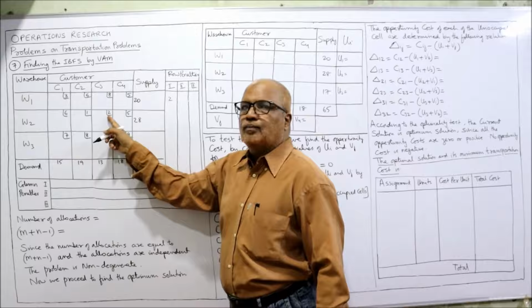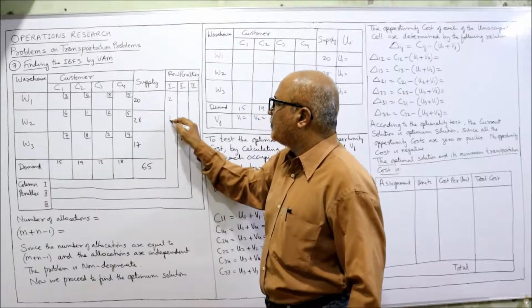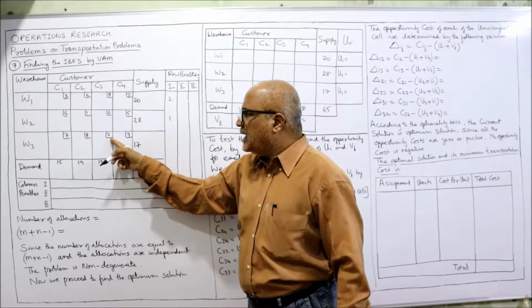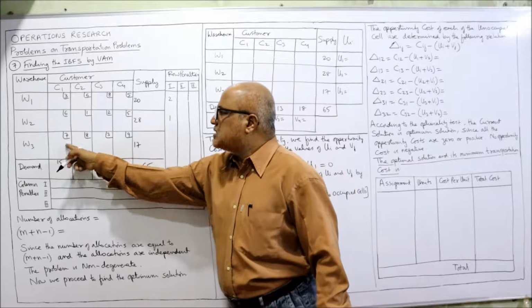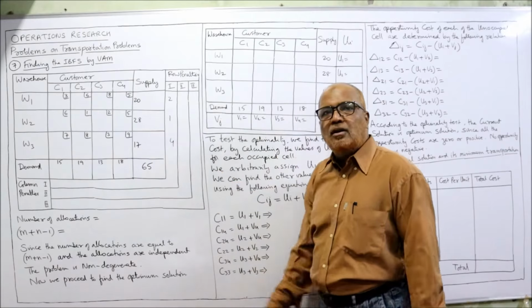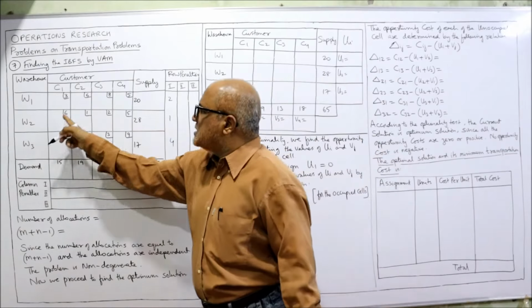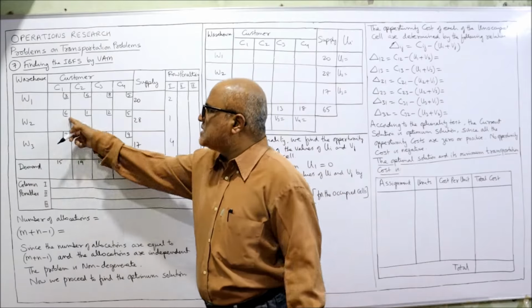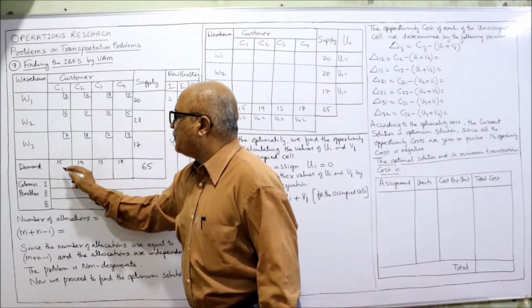Next lowest is 2. The 2 minus 1 is 1. Next, in the third row the minimum is 3. Next minimum is 7. So 7 minus 3 is 4. Row penalty completed. Now column penalty. 3, 6, 7. Lowest is 3. And the next minimum is 6. So 6 minus 3 is 3.